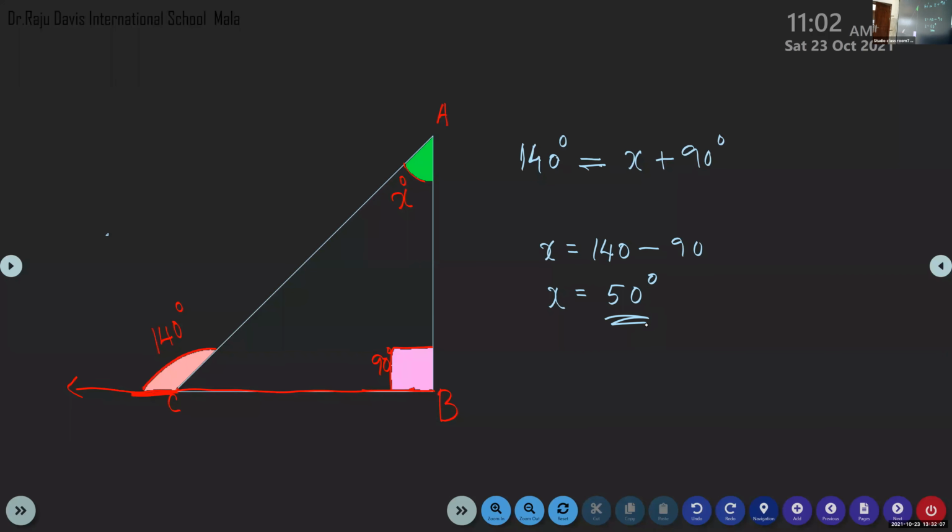So x is equal to 50 degree. We can write it. Did you understand? Yes, ma'am. The exterior angle is equal to the sum of the opposite interior angles. Okay, now we can see one more problem.